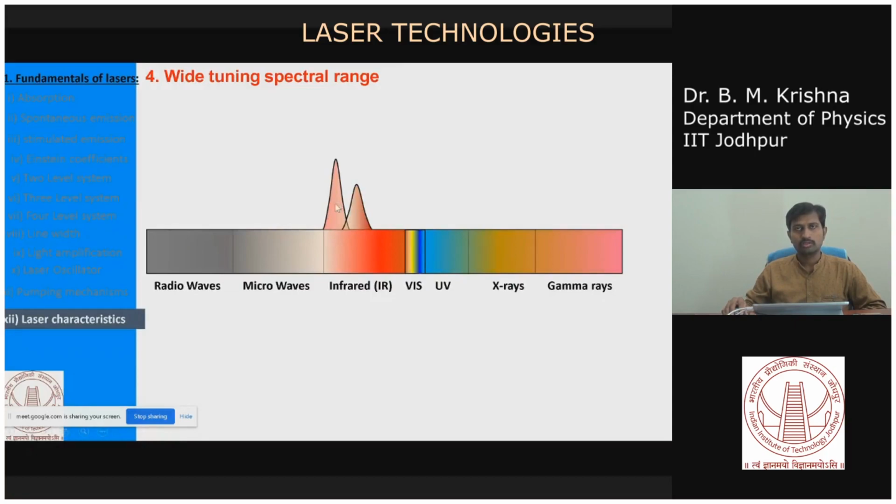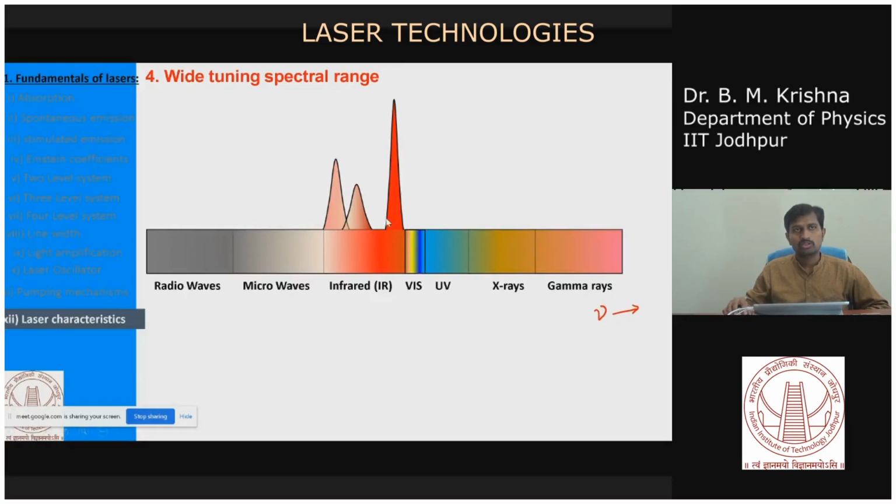Okay, these are the different lasers having different tuning ranges. With the different lasers you can see this is the tuning range for one laser, a couple of lasers have a tuning range like this, and some lasers have a tuning range like this, towards higher frequency. Okay, so this electromagnetic spectrum is increasing in this direction, the frequency increasing direction.